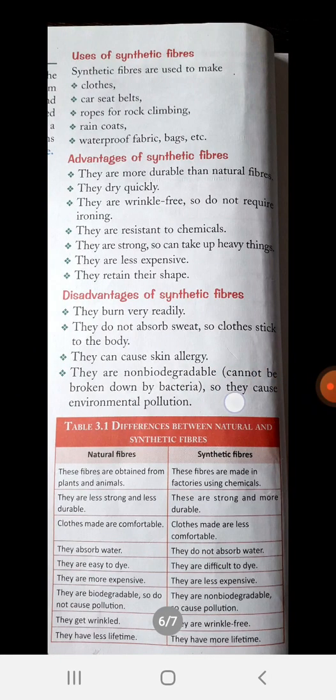Now, what is the use of synthetic fibers? Synthetic fibers are those fibers that are not natural but are man made.